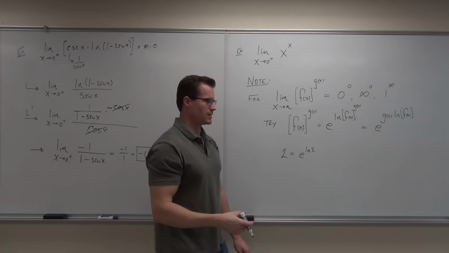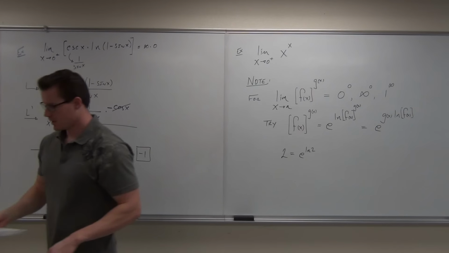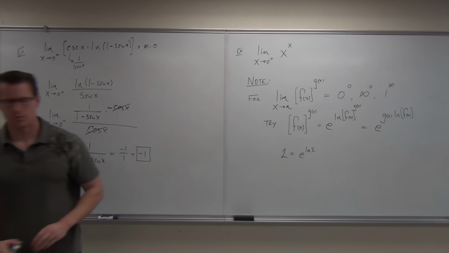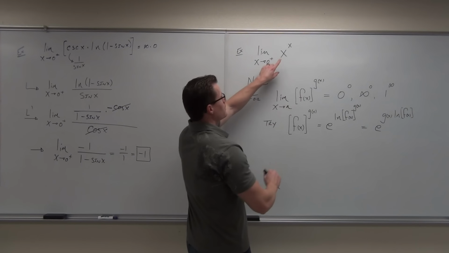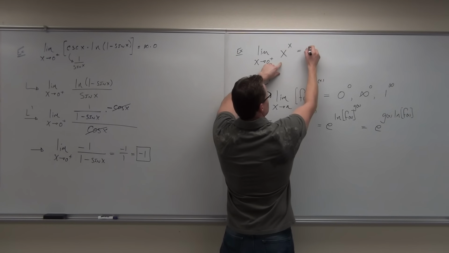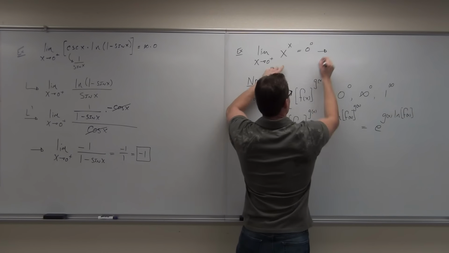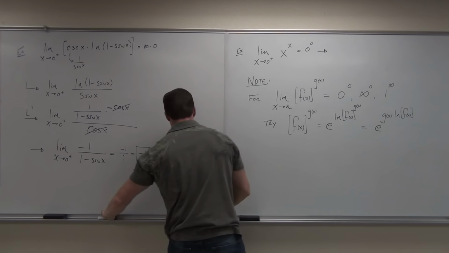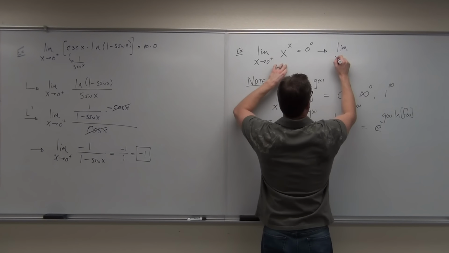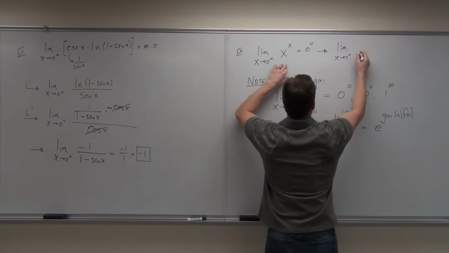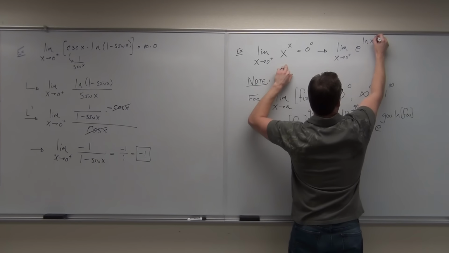That's the idea here. Let me show you the way this works in practice. I'm just going to give you the first little part, and we'll finish this problem up next time. Can you guys verify that right now I have 0 to the 0? Not a good thing. So what we're going to do instead is write this as e to the ln of x to the x.